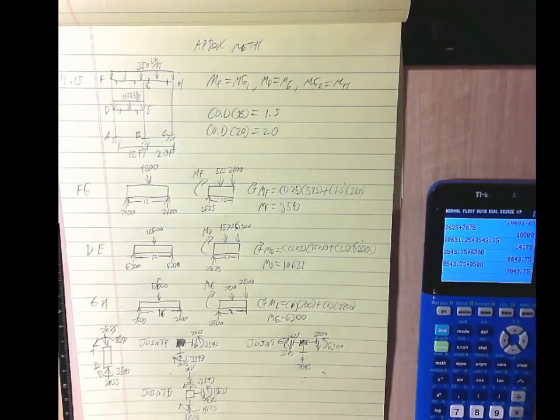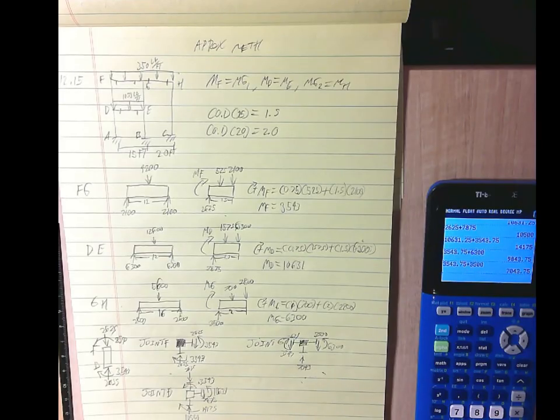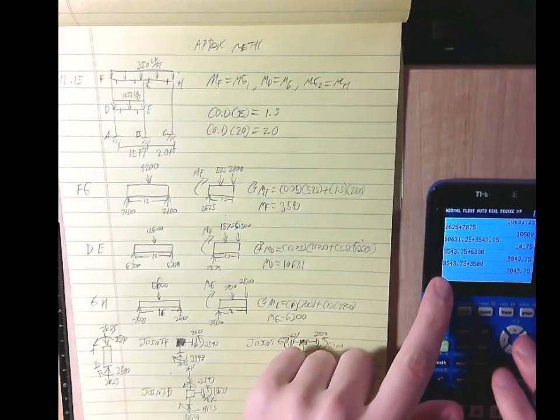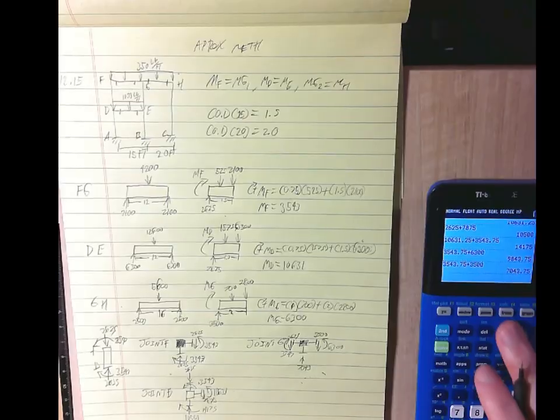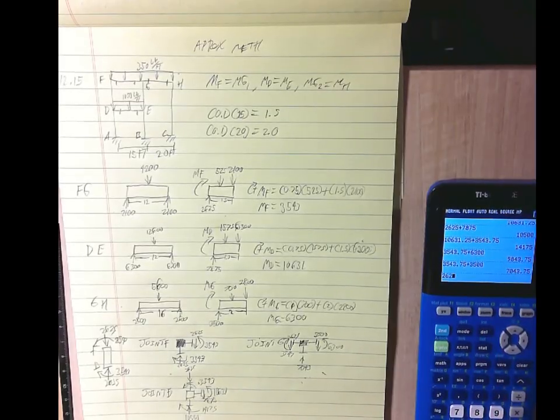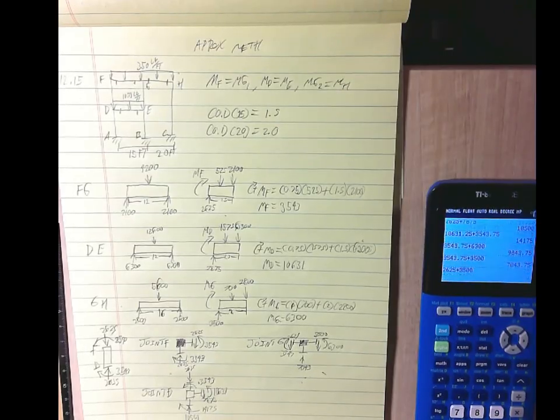Which doesn't, because it's not 35, it's, oh my gosh, I did the moments. It's 26.25. 26.25 plus 3,500.